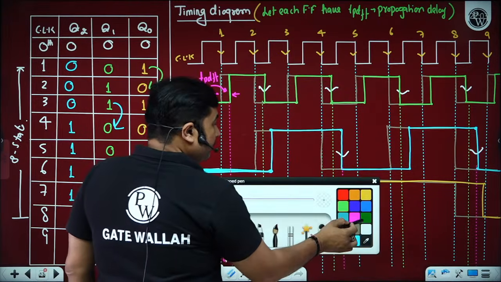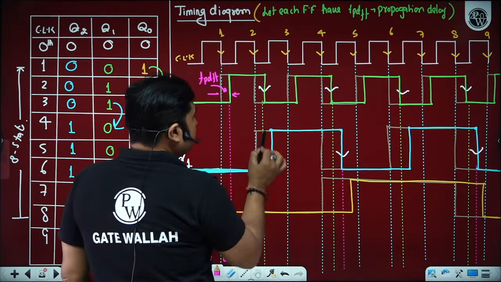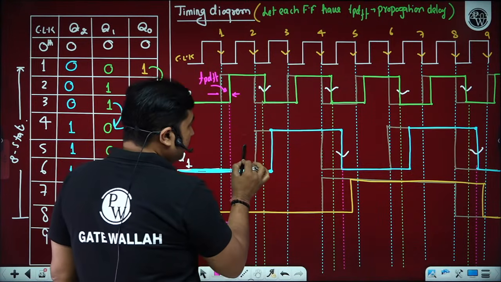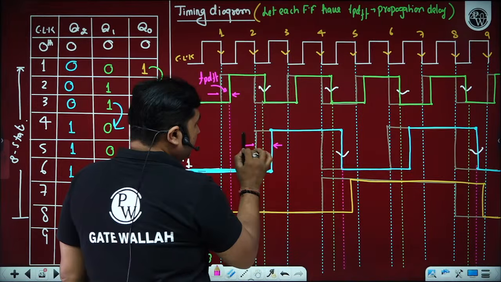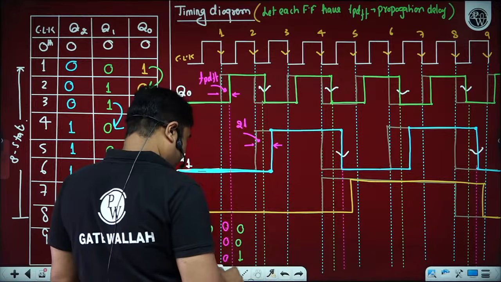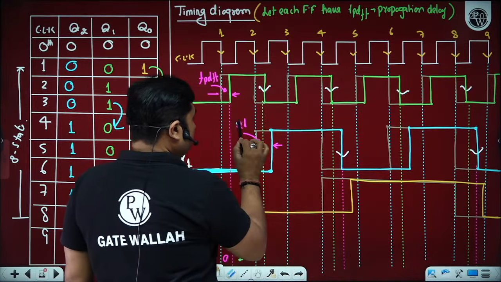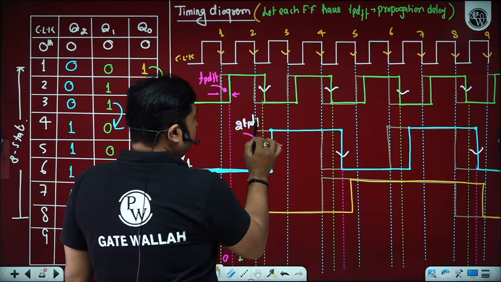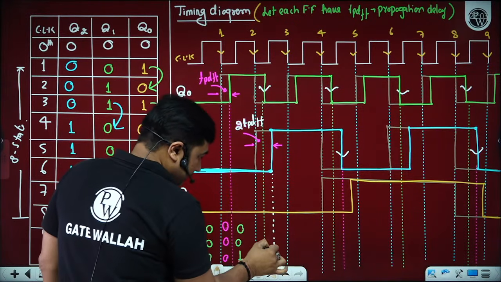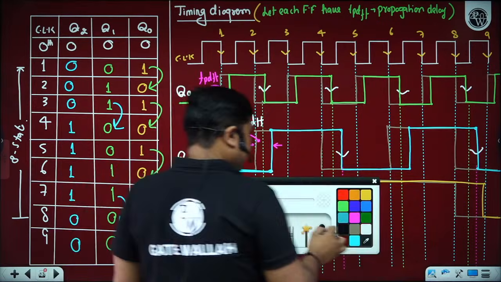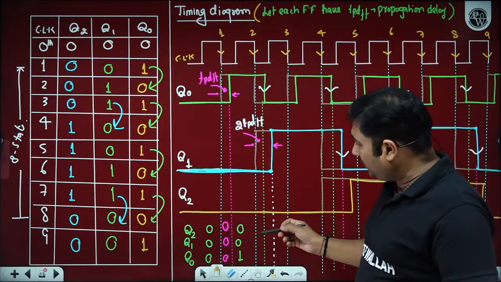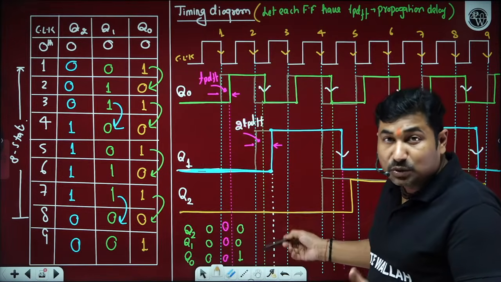If you observe next, the change is of 2 TPDFF. It is visible to all of you? 2 TPDFF. So what does it indicate? It indicates how many levels we are getting. After applying the clock pulse, we want the state to be binary 2, that is 0, 1, 0.